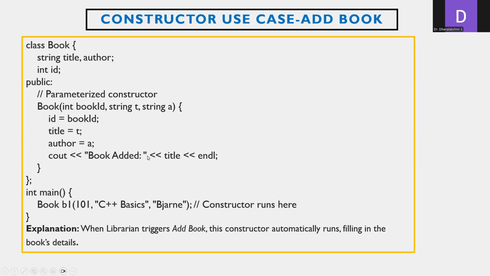When this constructor runs, it does 3 main things. It assigns the incoming values to the object's variables: ID to this book ID, title to T, author to A. Then it prints a message to confirm that the book object has been created, something like a book added.